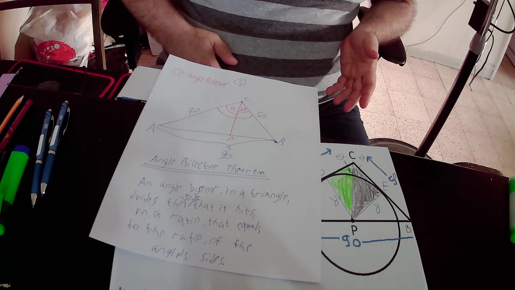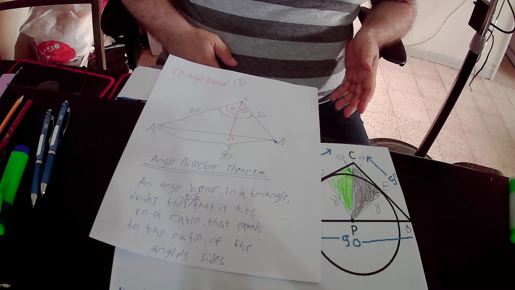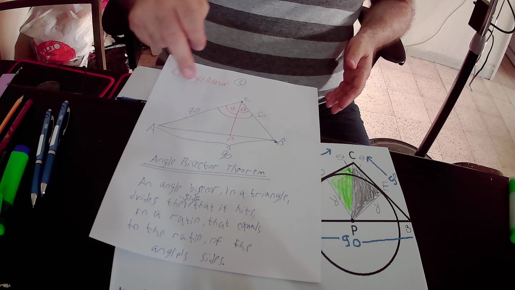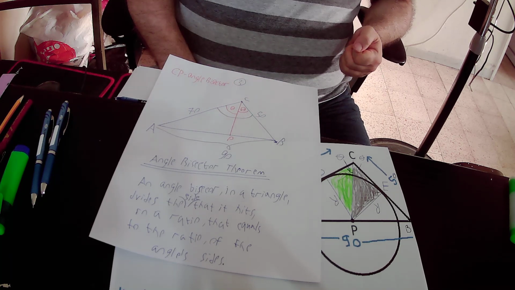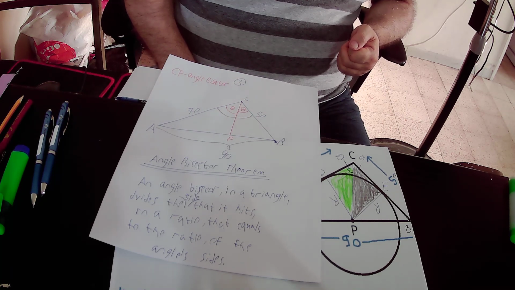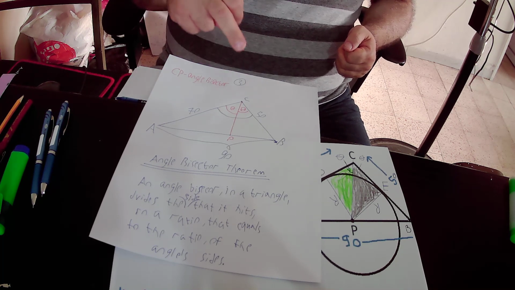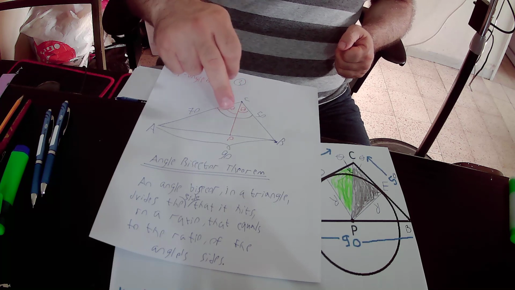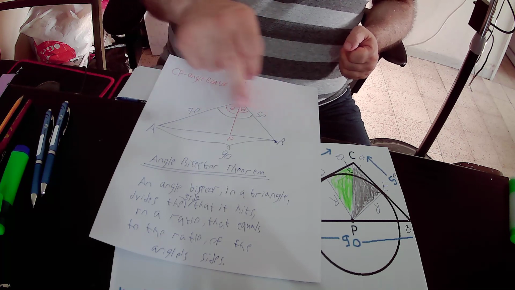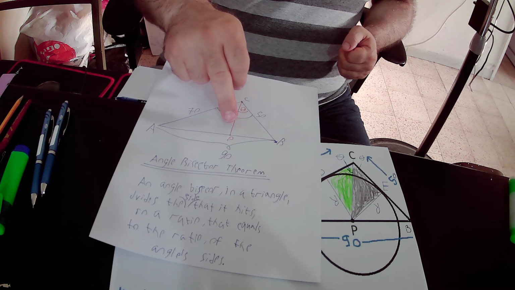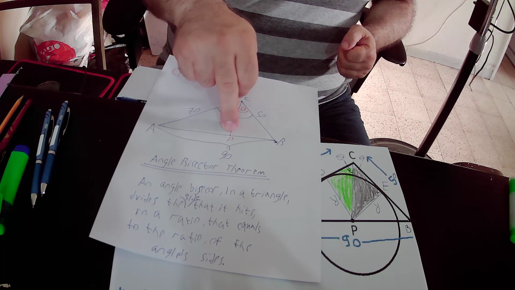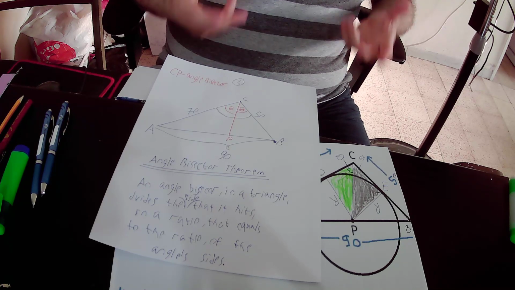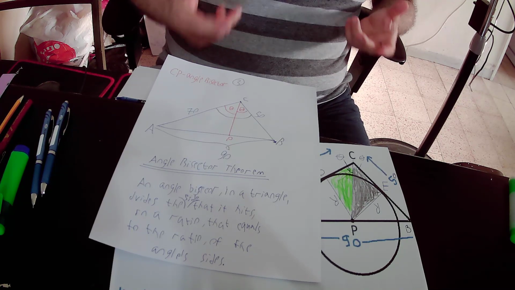So an angle bisector CP in a triangle ABC in our case divides the side that it hits, which is side AB, at point P. So it divides side AB into two parts.